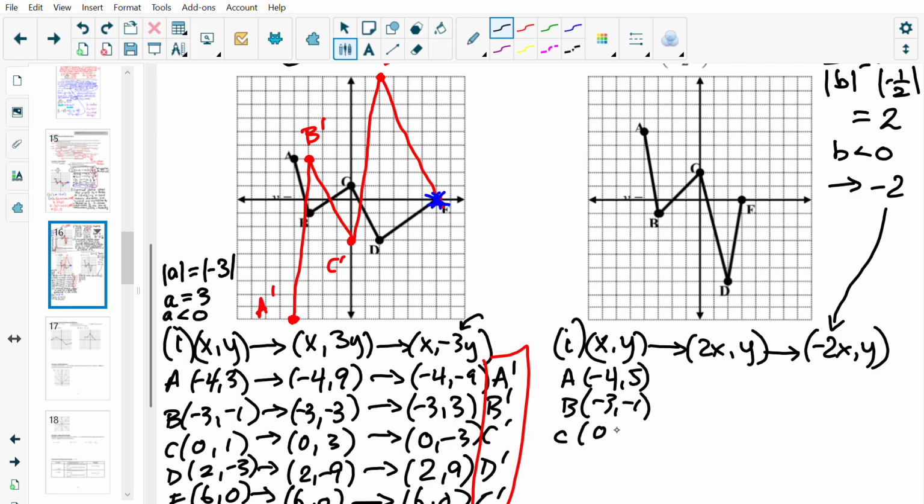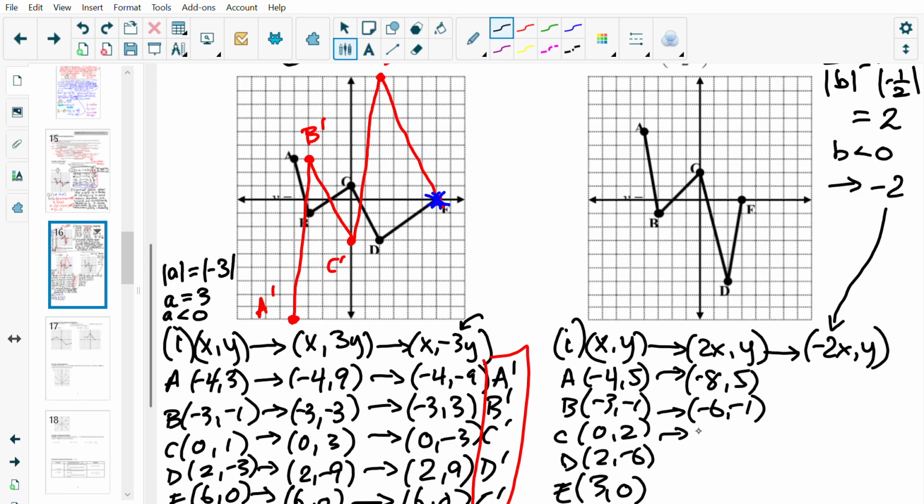Okay, let me write out all these coordinates. Okay, multiply x coordinates by 2, so that's negative 8, 5. Okay, and so on. So let's write these out. Okay, and then apply the reflection in the y-axis.